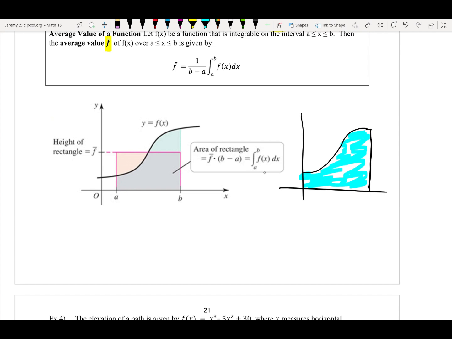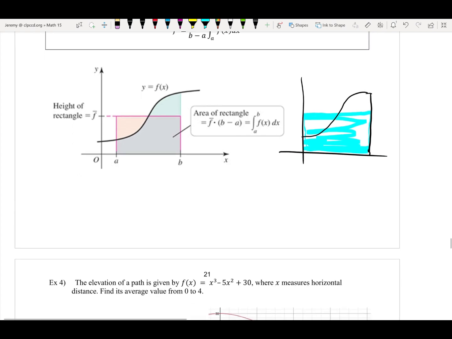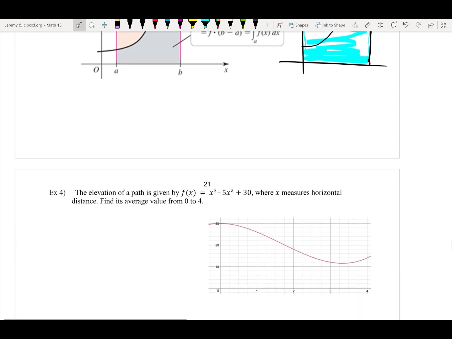What if we just took the top off of this and let the water settle into a standard rectangular shape? The shape would still have the same width as before, but it would reach equilibrium and reach a height that would end up being the average value of the function. Okay, so that's just the geometric interpretation of f bar, our average value.